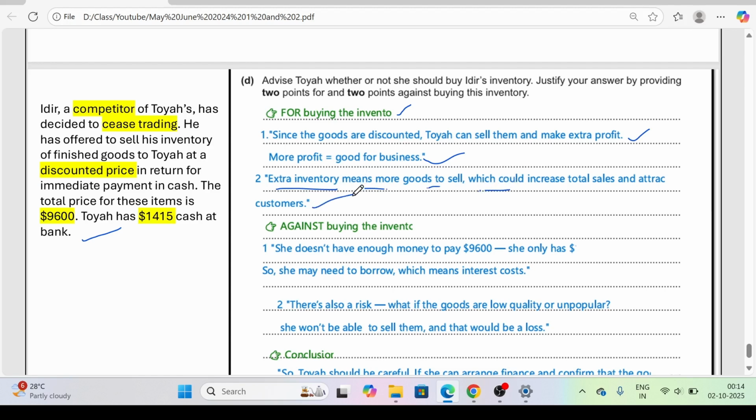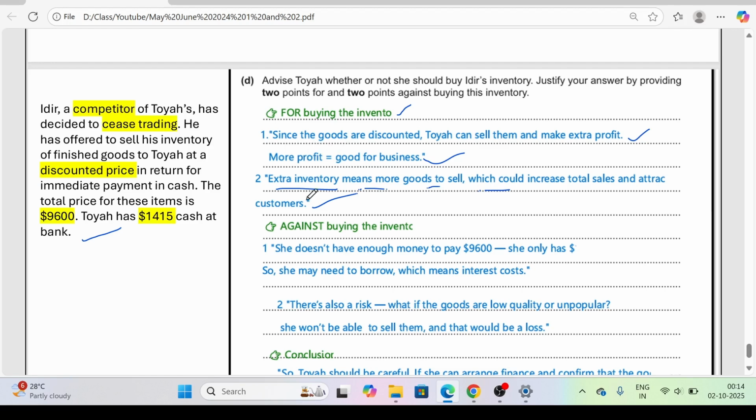That's true, right? If we get more inventory, we can sell more goods, total sales will increase and customers are attracted. So these are the two important points for buying. If we buy, these are the important advantages.